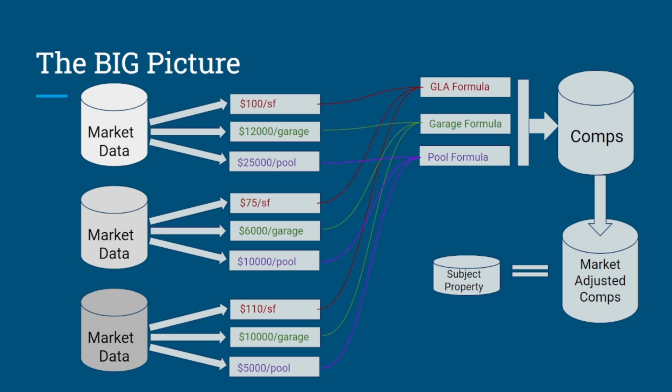Yes, you are still adjusting those comps, and you still view your adjusted comps as being equivalent to your subject property. That's well and good. So that is the difference between our current process and the process that I'm teaching in Creating Formulas That Work. And that is the big picture.